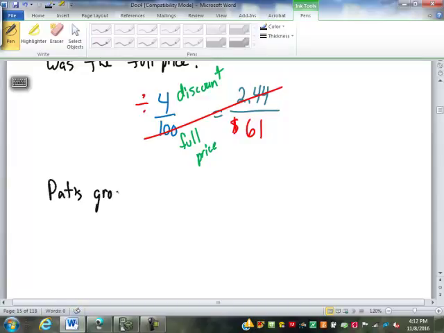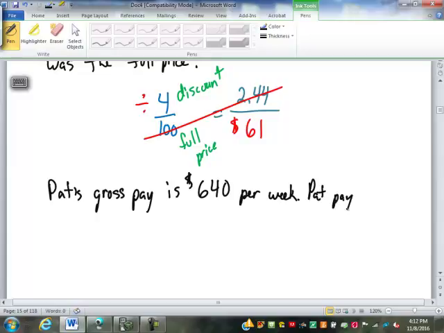Pat's gross pay is $640 per week. Pat pays 23% in taxes.